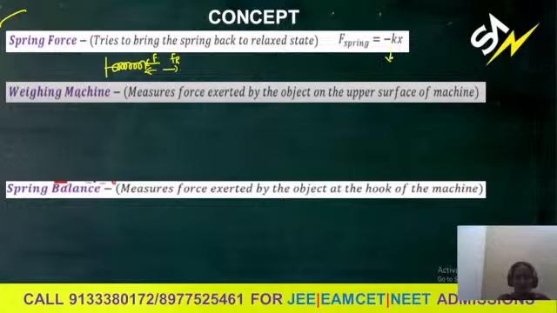This minus indicates the restoring force. If it is under deformation to the left side, the force by the spring will be to the right side. If it is under deformation on the right side, the force experienced by the spring will be to the left, the opposite side. This is the magnitude of the force experienced by the spring, due to the restoring force.